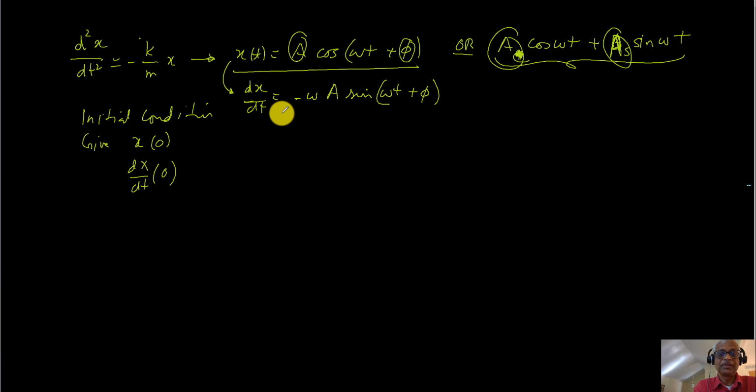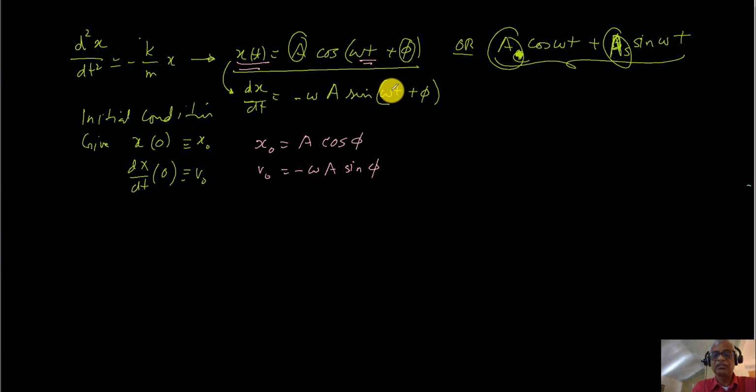So let's call this v0, and let's call this x0. If you work out what you expect from here, put t equal to 0 here, that means x0 is simply A cosine phi, and then over here v0 equals minus omega A sine phi, just plugging t equal to 0.